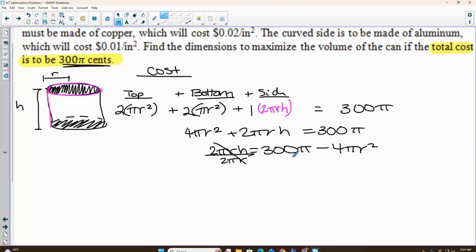Divide everything by 2 pi r. I think I'm going to do each term. That way, when I go to do things later, it'll reduce a little bit better. So h is 150 over r minus 2r.